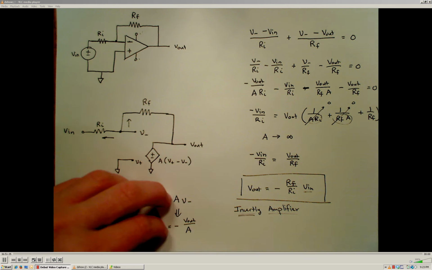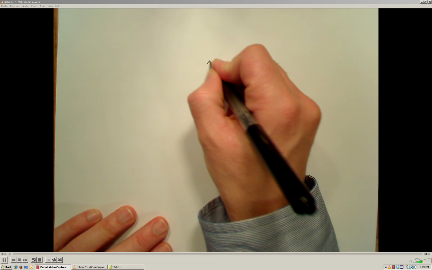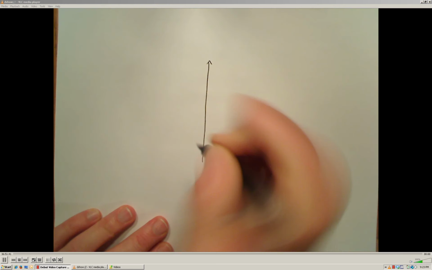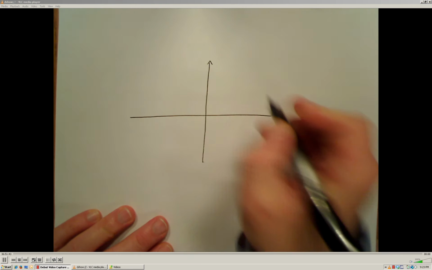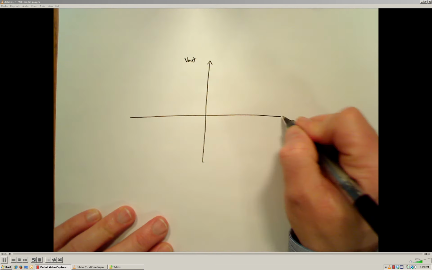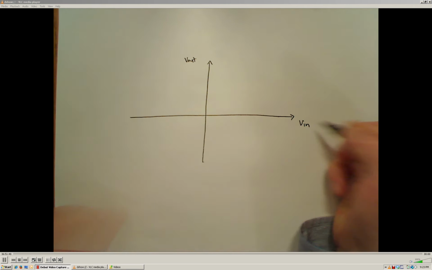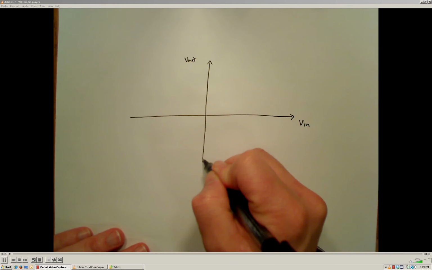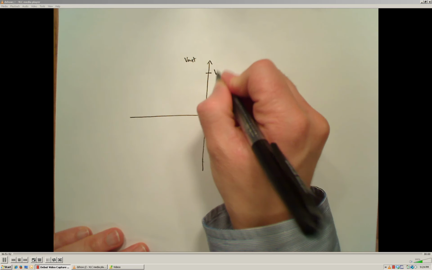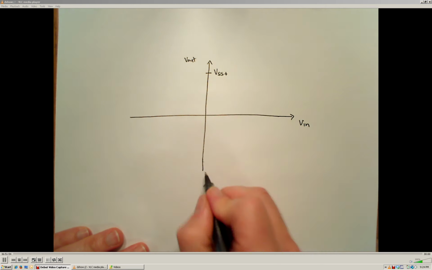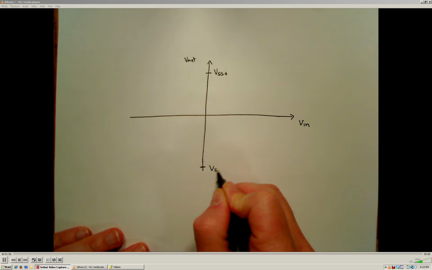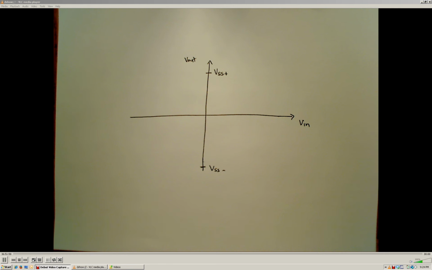So if we were to draw a plot of what this looks like, our V out as a function of V in, and let's say this is our positive supply voltage, and this is our low side rail, Vss minus.